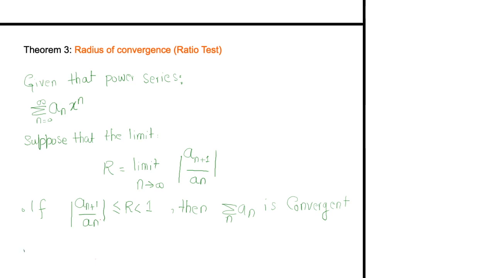And if the modulus of a_(n+1) divided by a_n is greater than or equal to 1 for all sufficiently large n, then the summation over n of a_n is divergent.